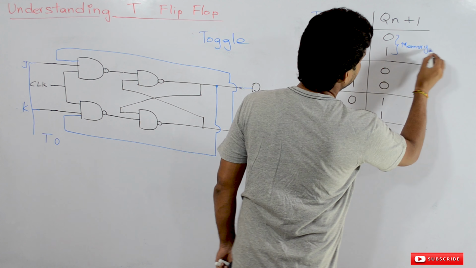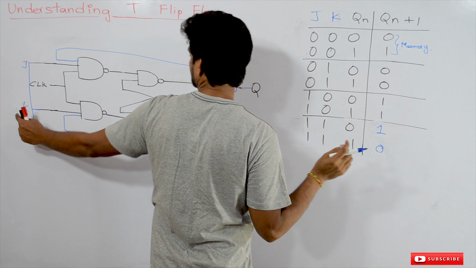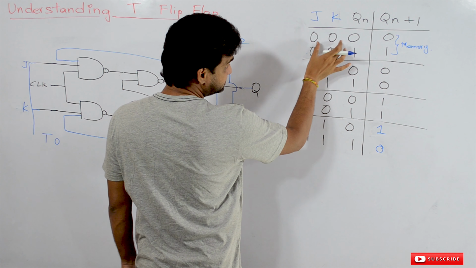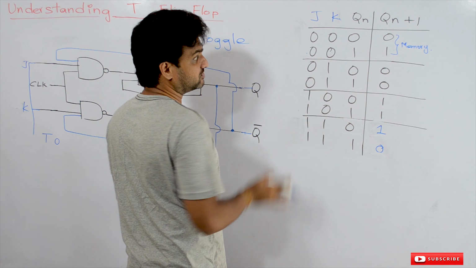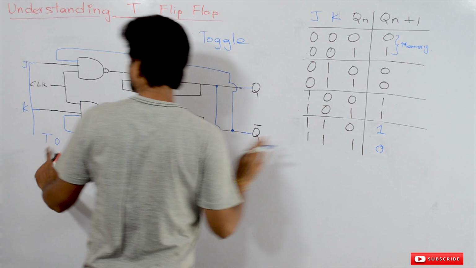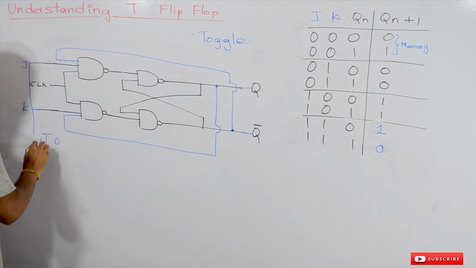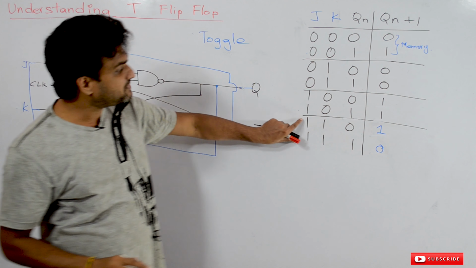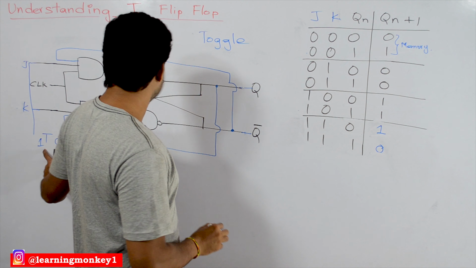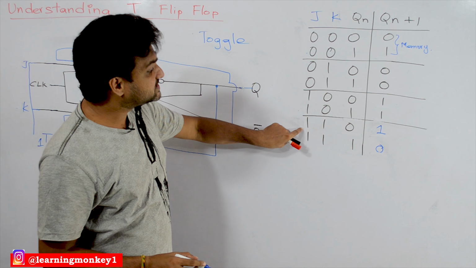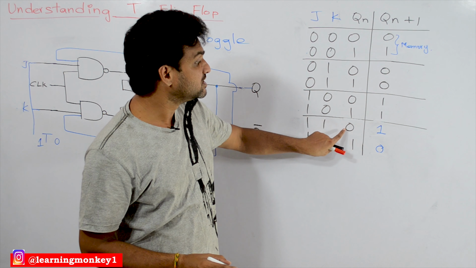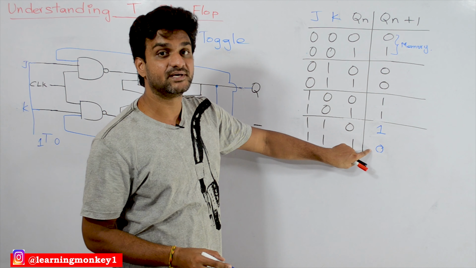How is it going to happen? Whenever T is equal to 0, J is equal to 0 and K is equal to 0. Whenever the value of T is equal to 1, this other part of the flip-flop will work, and J is equal to 1 and K is equal to 1. So the complement of the Qn value will happen.